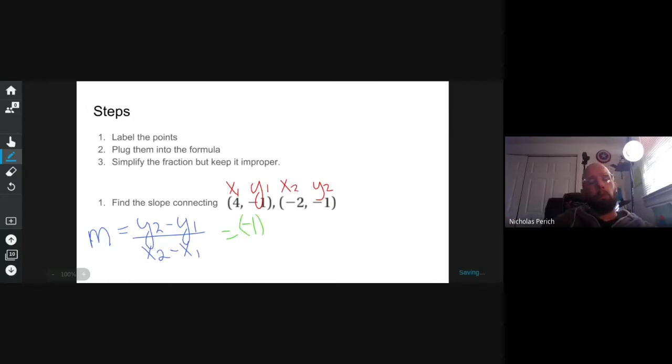So let's put parentheses -1 minus parentheses y sub 1, which is also -1. Very interesting. Over x sub 2, which is -2, minus x sub 1, which is 4.